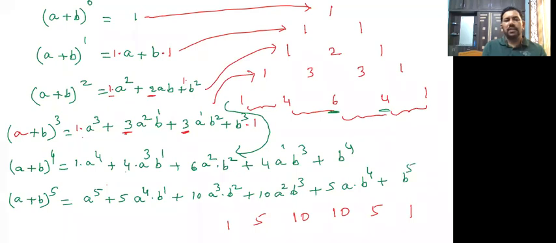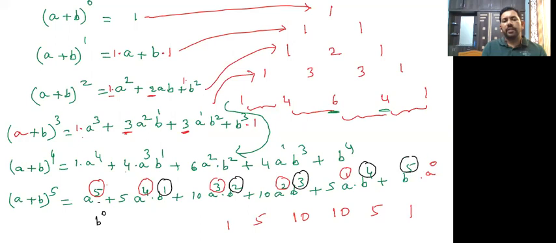Here observe that the a power is 5, then 4, 3, 2, 1, 0, it is decreasing. But for the b power, here it is not there, that means b power 0, 1, 2, 3, 4, 5. The first term power is decreasing, the second term power is increasing. But overall, the sum of the powers is 5 only.